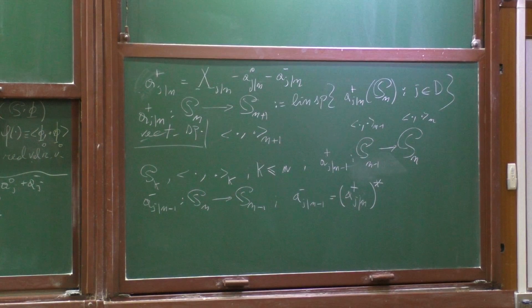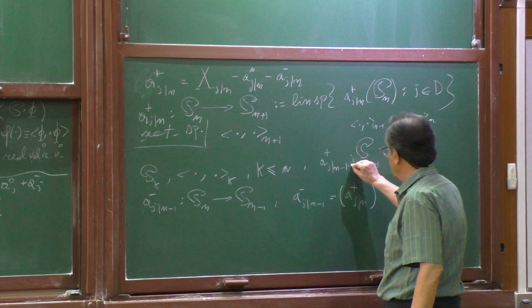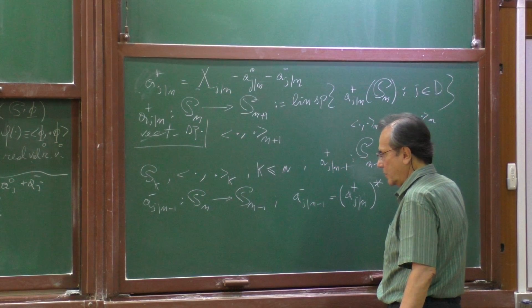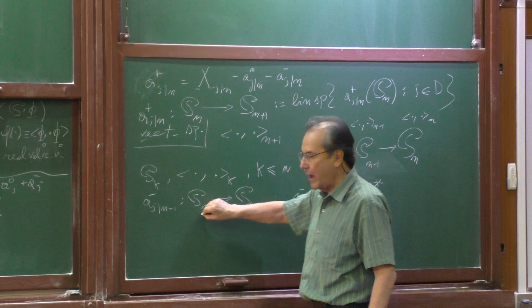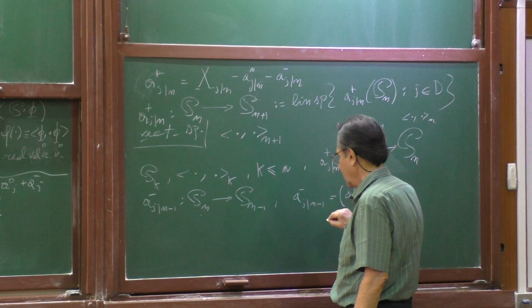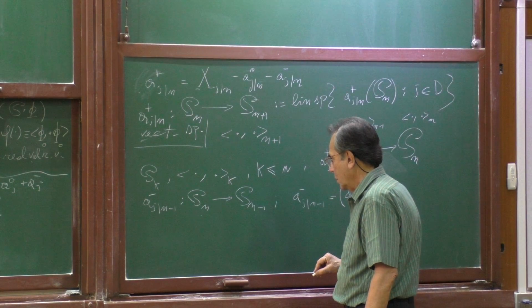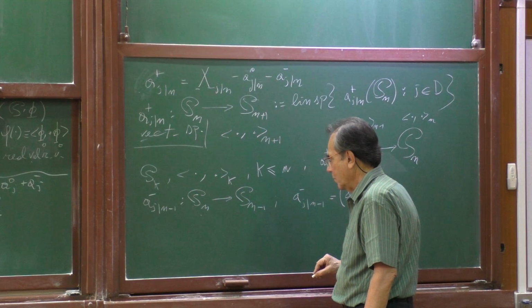A dagger goes from n minus 1 to n, so A minus goes from n to n minus 1. But the notation should be consistent. AJ minus restricted to n is acting on Pn, and you don't want n minus 1 to act on Pn, isn't it?